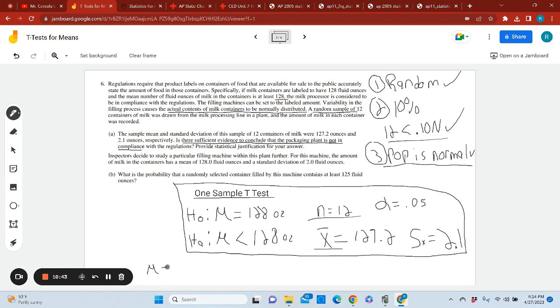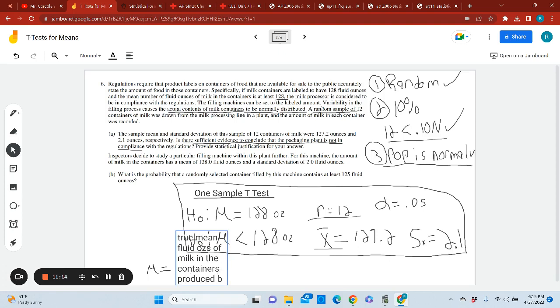So we're going to say that this is equal to the true mean fluid ounces of milk in the containers produced by the filling company.